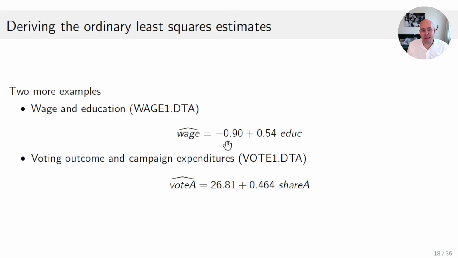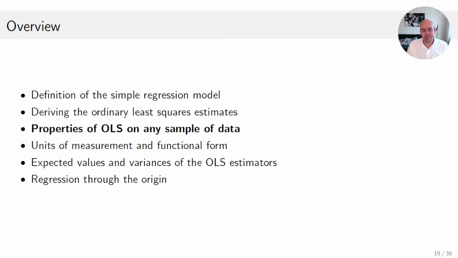So you always get an estimate of the intercept, you always get an estimate of the slope, and with this you can get the fitted values for any value of education or campaign expenditures. This is easy to do, and obviously this is with a computer, you get these coefficient estimates in no time.